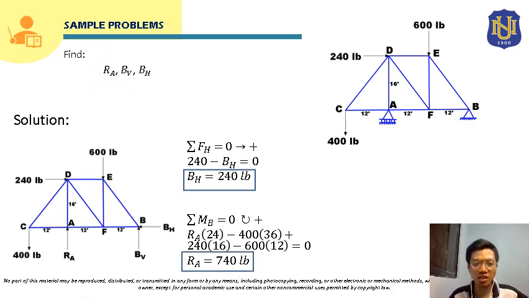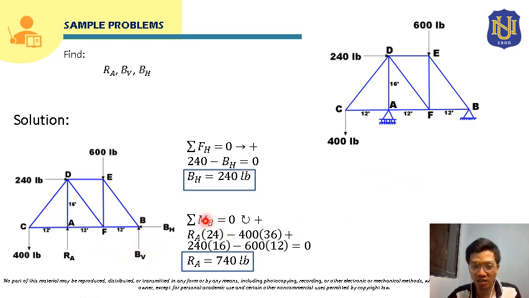Now for the remaining unknown force, which is BV, we can use the remaining summation of forces, which is summation of forces vertical, or we can also take moment about point A. It depends on you. Again, you can use summation of forces vertical, or you can sum up moment at some other point.